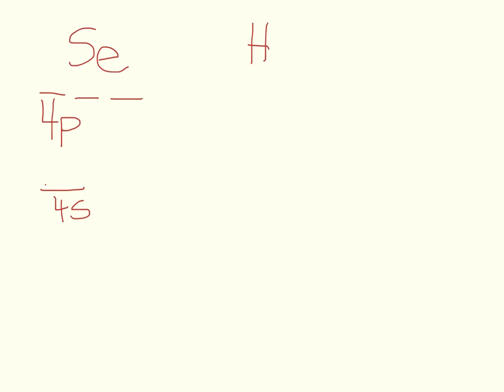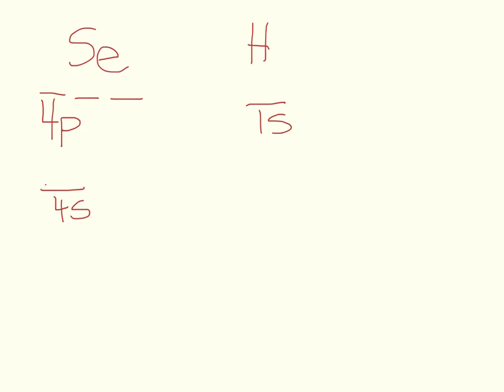So you want to start off by drawing orbitals for both of these atoms, and we know selenium's valence shell is at 4p. Now the S is filled up on the 3s orbital here. And we have the hydrogen atom with the valence shell, or its only shell, in fact.